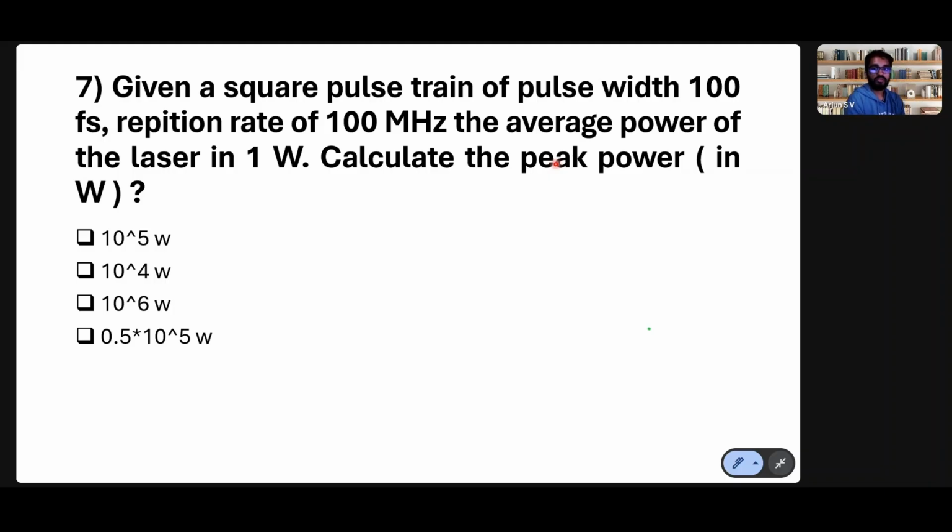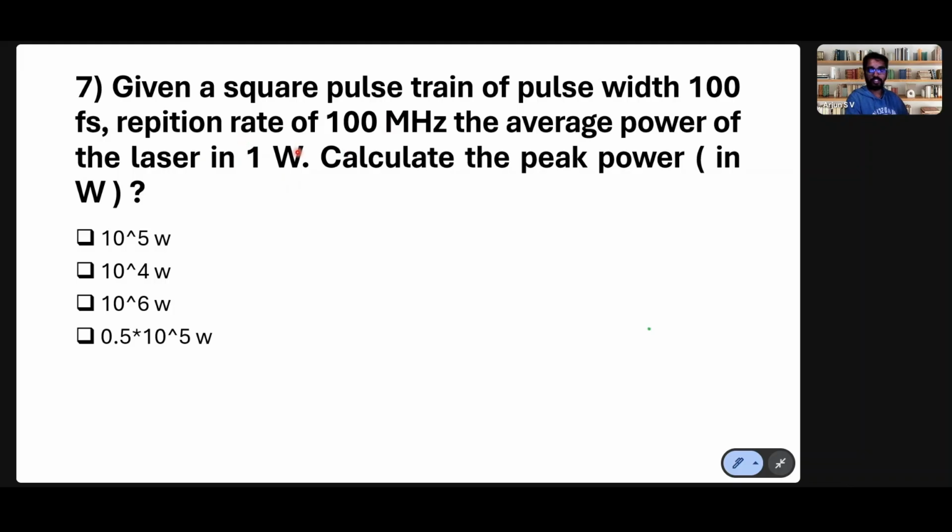How will you go around solving it? So we have the average power, and you have to find the total power. How you find the total power is you multiply the average power with the repetition rate.